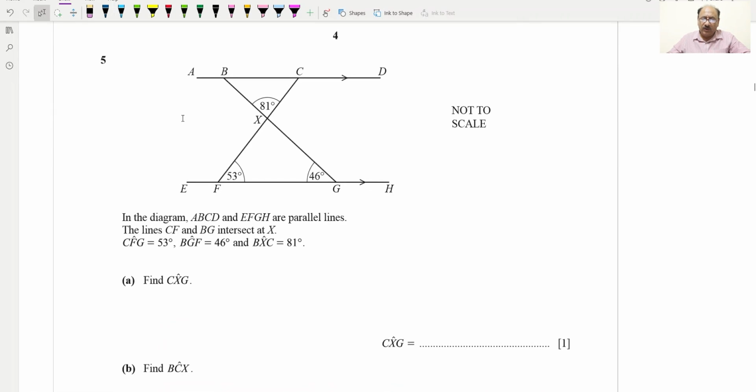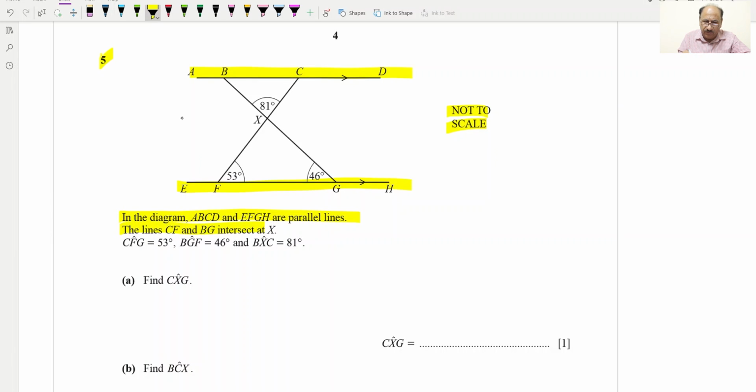Now question number 5 says the diagram is not to scale, and in the diagram ABCD and EFGH, ABCD is this one and EFGH is this line.